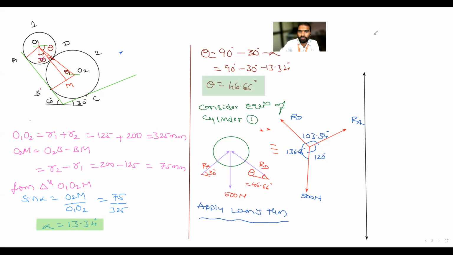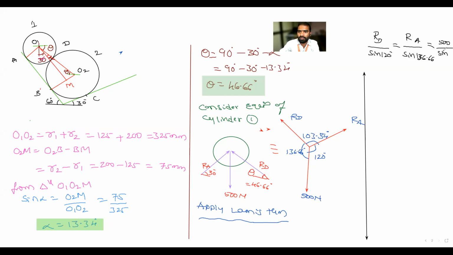I will consider RD upon RD opposite angle sin 120 degrees, is equal to RA upon sin 136.66, that is equal to 500 divided by sin 103.